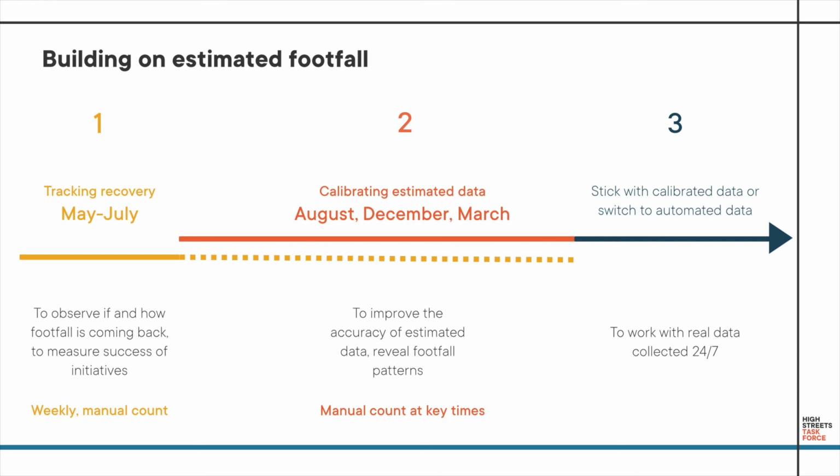So firstly, to start by doing some of the targeted weekly manual counting that we just outlined, and then later by being part of the calibration program, which we'll share more details on soon in the next tutorial video. We'd like to thank you for your efforts in engaging with footfall and counting on your high street, as it provides a valuable source of intelligence for the task force as well as for your own local efforts.